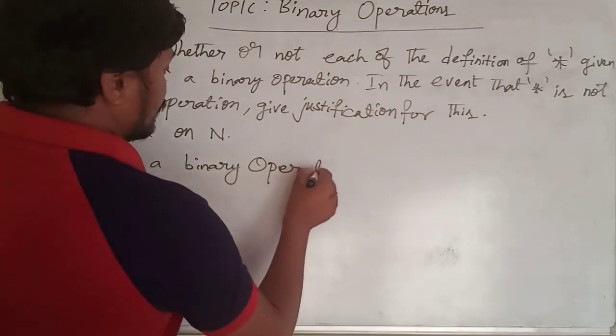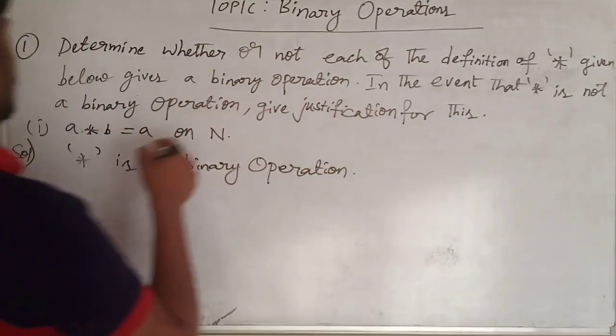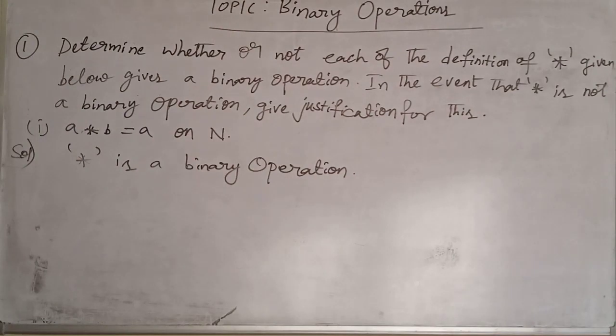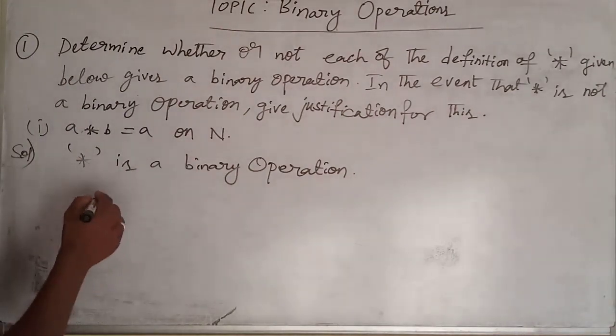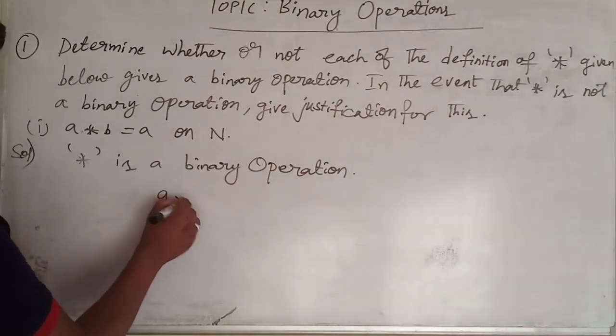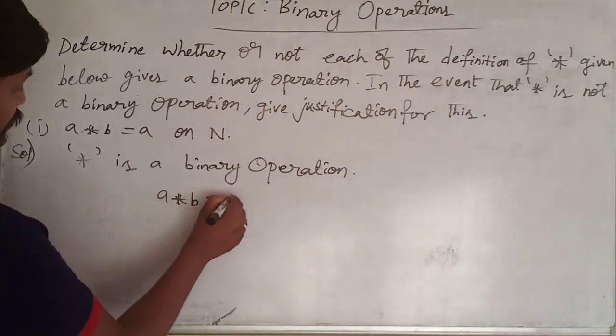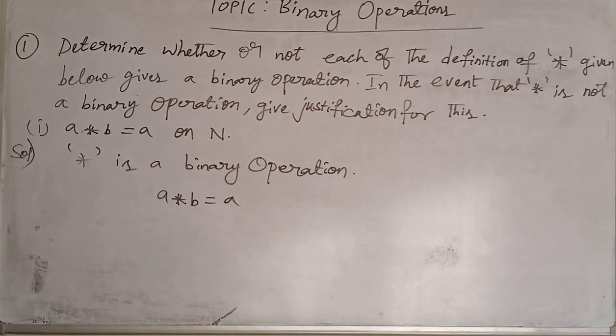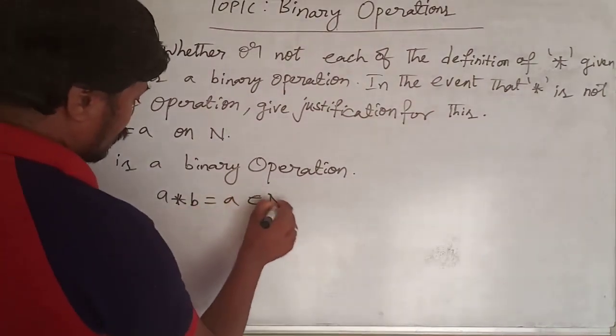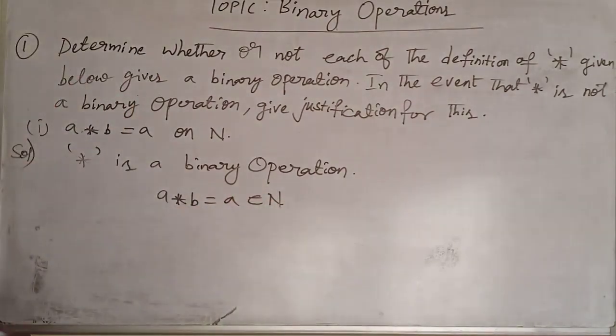Here N is the set of natural numbers. a star b is equal to a, and a belongs to the natural numbers. Because of that reason we can say star is a binary operation.